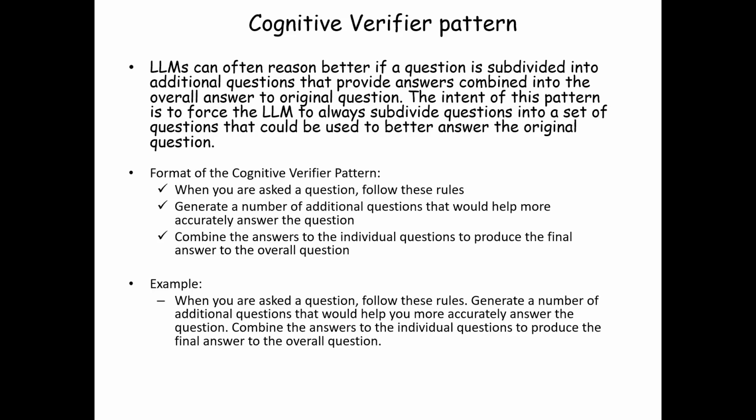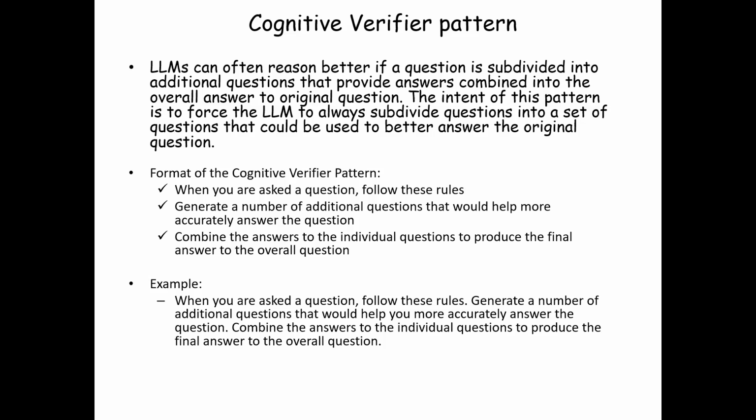The intent of this pattern is to force the large language model, that is ChatGPT, to always subdivide a question into a set of sub-questions that could be used to better answer the original question. This is called the cognitive verifier pattern.